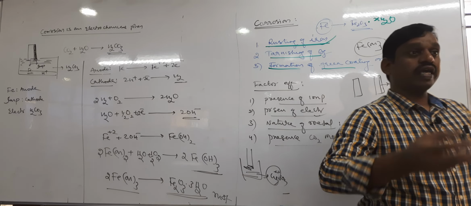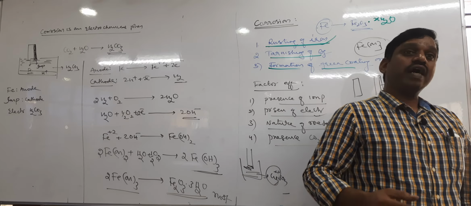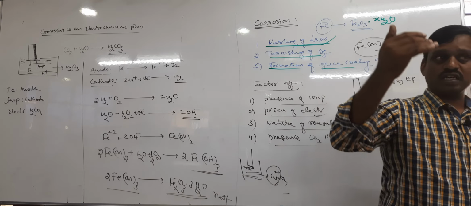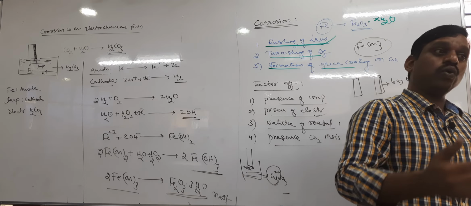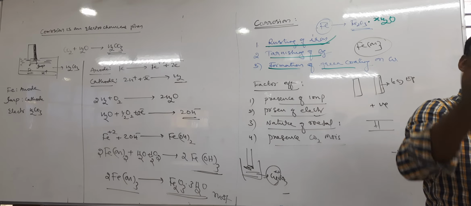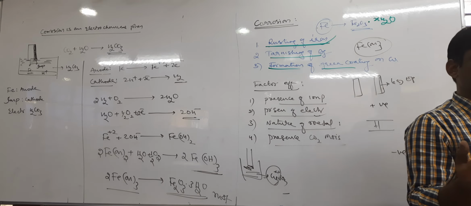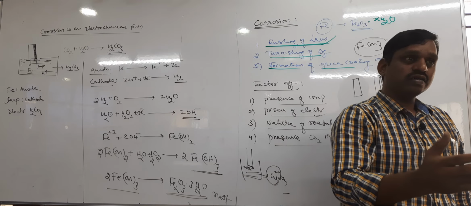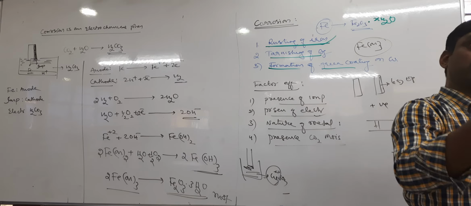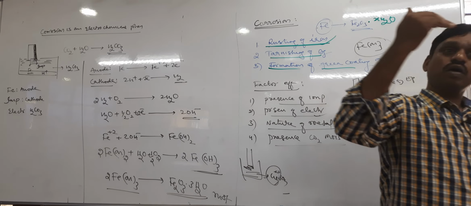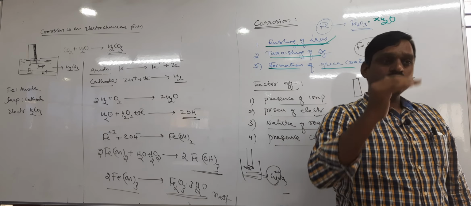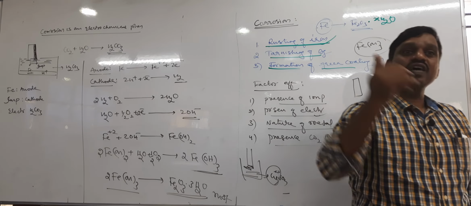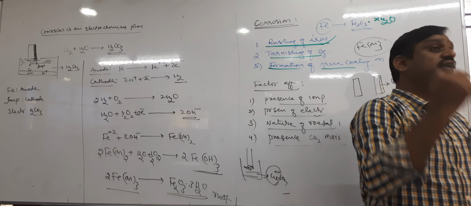Next, 2, galvanization. In galvanization, the surface of the iron is usually coated with less electropositive metals, so that the metal does not corrode easily. That is how the surface of one metal is protected by coating with another metal. 3, tinning.